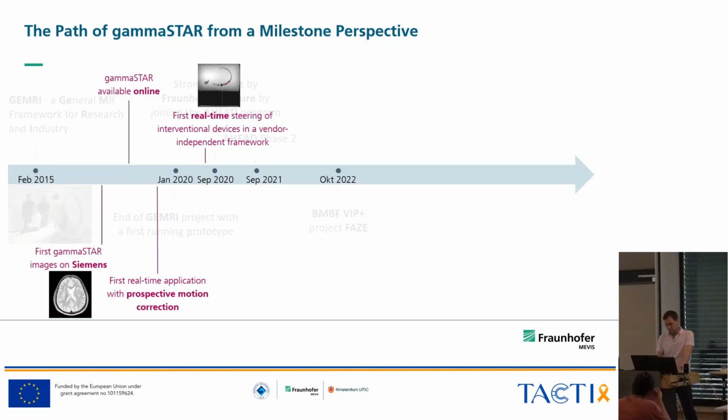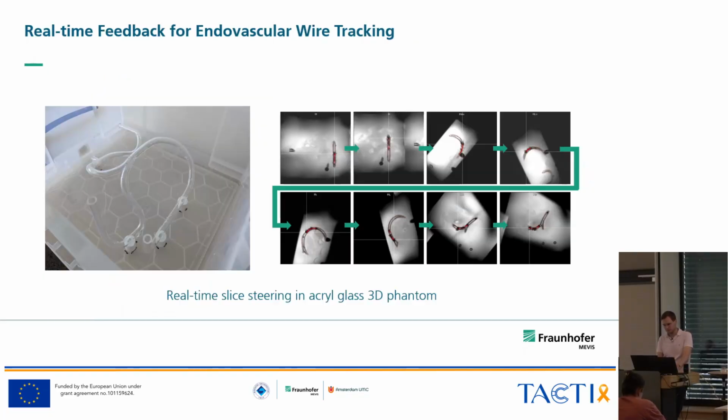We also did some other real-time interactions to the MR sequence in a project where it's about interventional MR, so MR-guided therapies, where we try to steer interventional devices within gammaSTAR during the measurement.